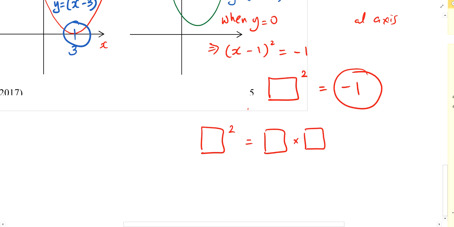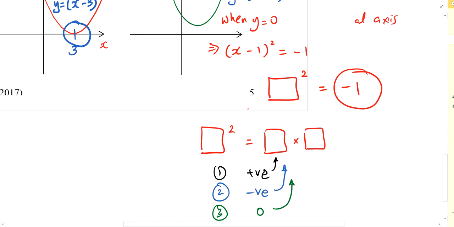Now, whatever is in a box, there are three possibilities. It can either be positive inside here. It could be negative inside here. This is option number 2. Option number 3, it could be 0 inside here. Let's talk about the case when it is positive. So positive, positive, positive.